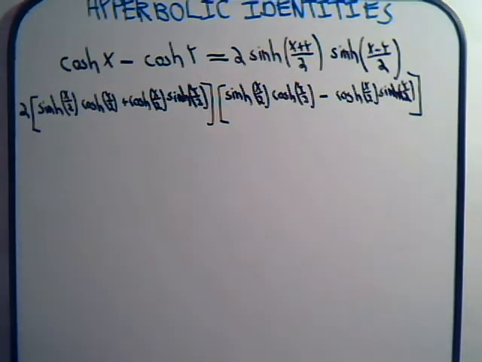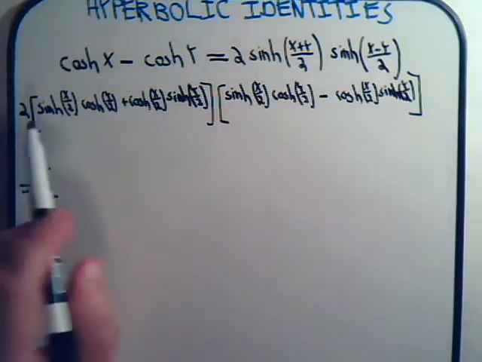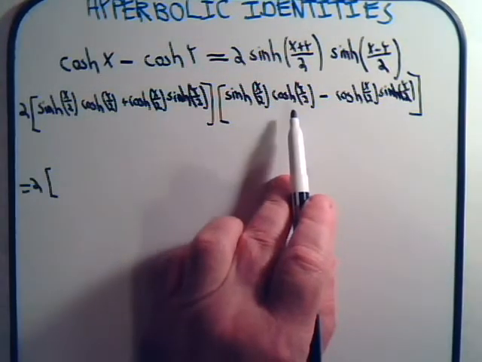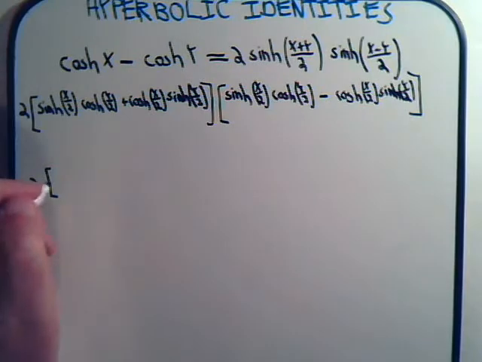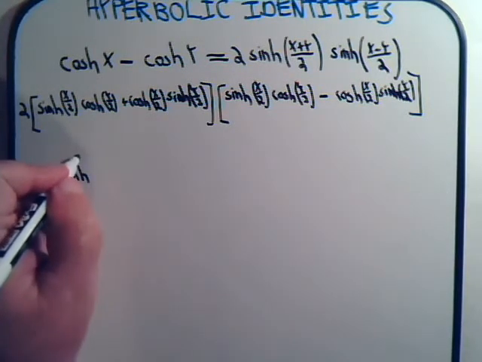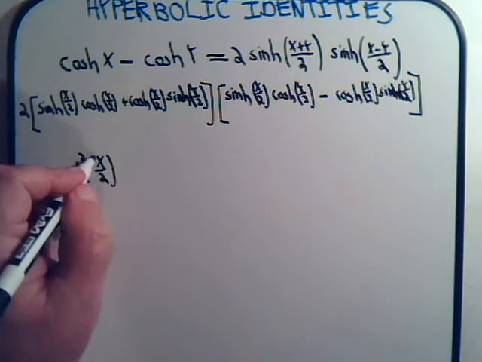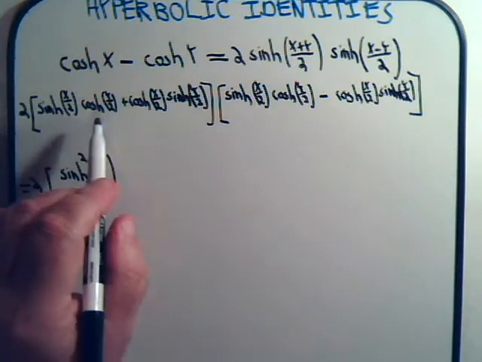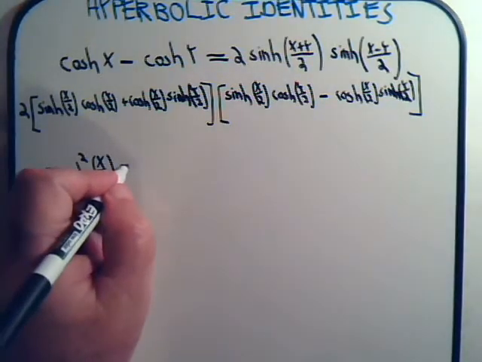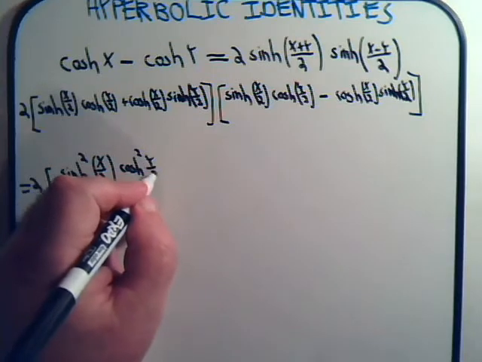So what we're going to be left with is this will equal 2 times this term times this term. So we'll have the hyperbolic sine squared of x over 2 times the hyperbolic cosine squared of y over 2.